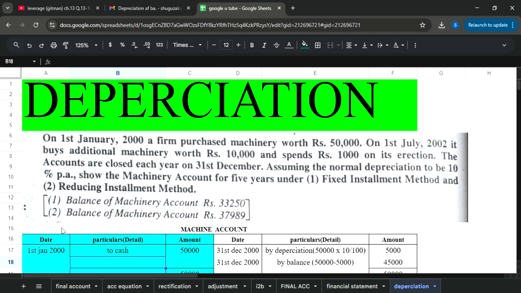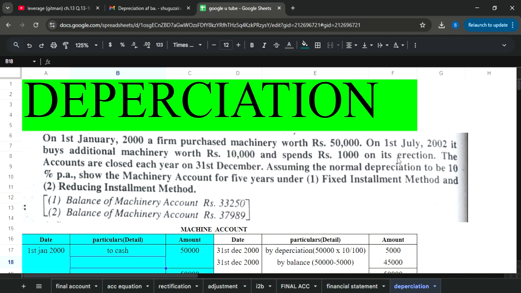This is to make it very clear that on 1st January 2002 there is a change, and that change is that it buys additional machinery. Another machinery has been purchased. Since the machine is bought, and a machine is an asset, and an increase in asset should be debited. So the new machine is worth 10,000 and 1,000 was spent on its erection.